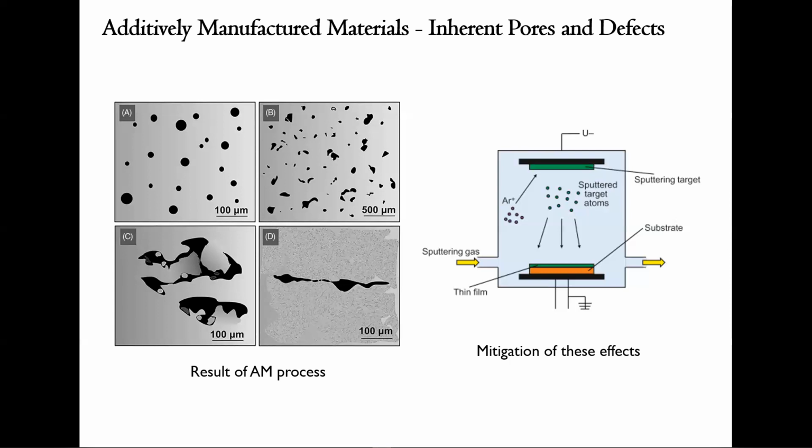Some of the defects on the left shown here include in the A, the gas entrapment, B, the lack of melt, C, lack of fusion in the process, and D, actually crack initiation that could occur just due to stress or thermal effects during this initial buildup process.